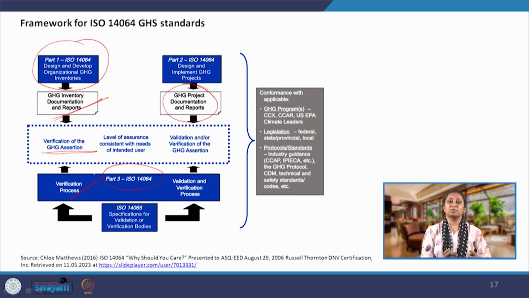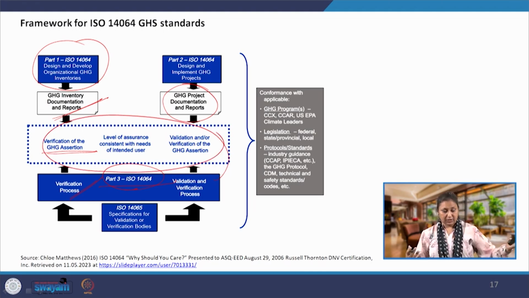So, the third part is verification, which is important. So, validation and verification is dealt with in part 3 of ISO 14064. All these three together give us a proper verified, monitored measurement of the GHG emissions as a framework we are talking about.